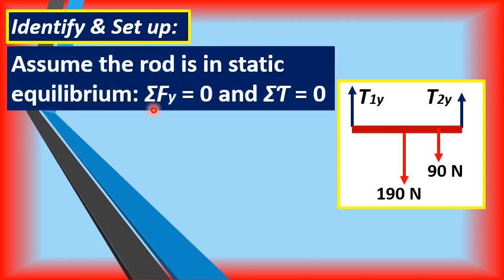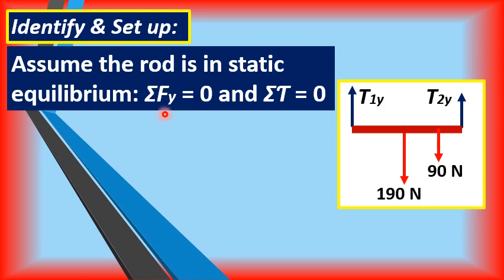When we say that the rod is in static equilibrium, that also includes the fact that the summation of all vertical forces, denoted by the summation of Fy, must also be equal to 0. Earlier, we already stated that the summation of Fx must be equal to 0.